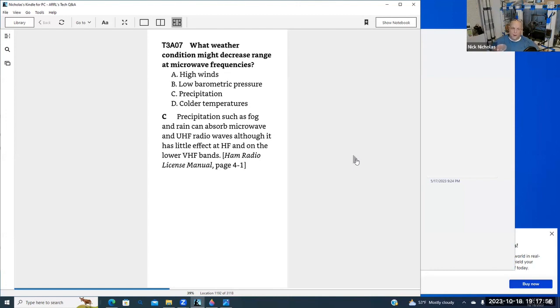So in the 430 to 440 band, it's not all that much of a problem. On the 220 band, you don't get it at all. It doesn't really affect things at all, the moisture and rain. But I'll tell you, at 900 megahertz and 1.2 gig, well, I have a 1.2 gig mobile I was using for a little while to try a repeater out that got put up in Detroit.